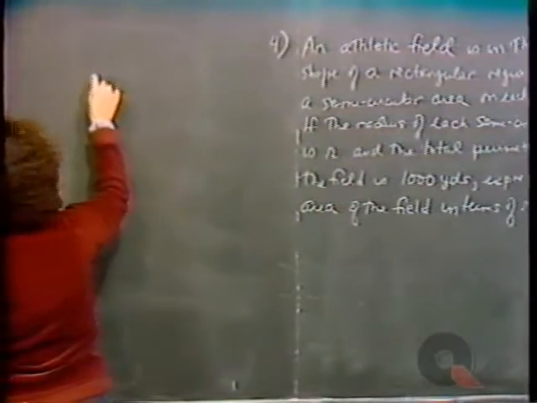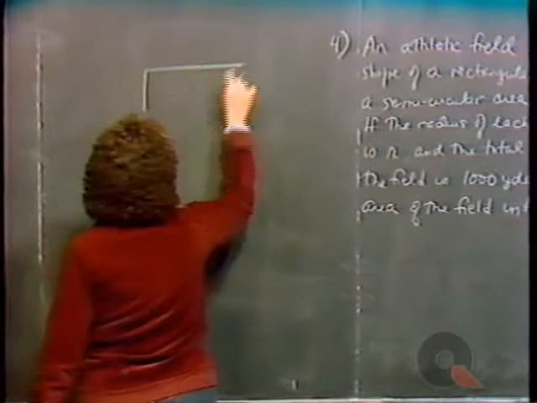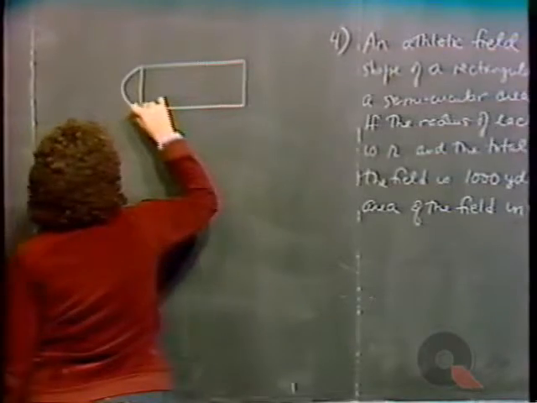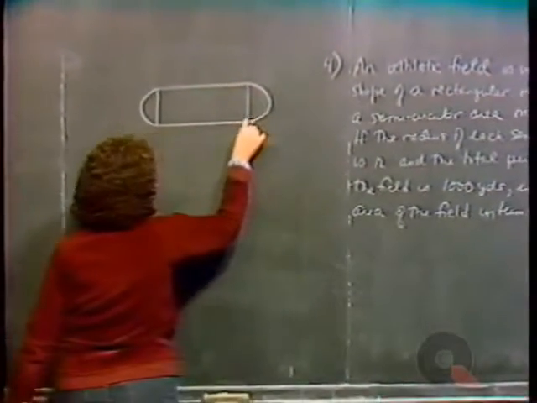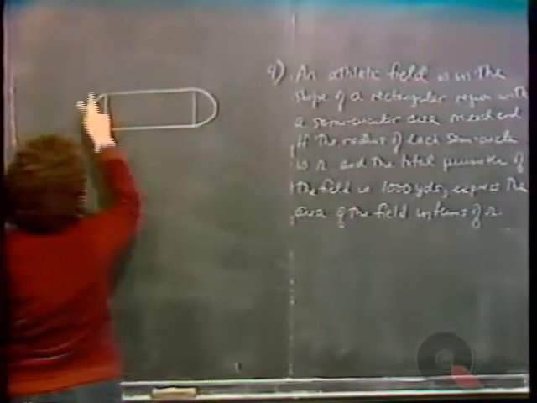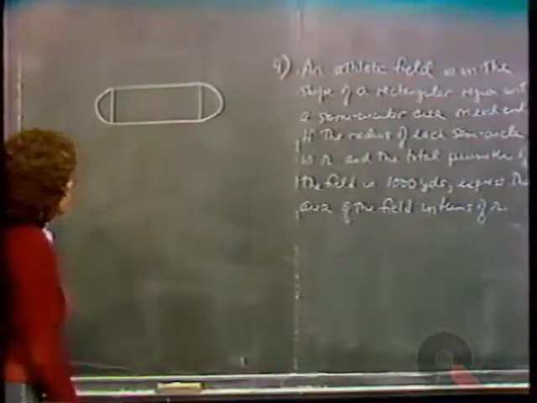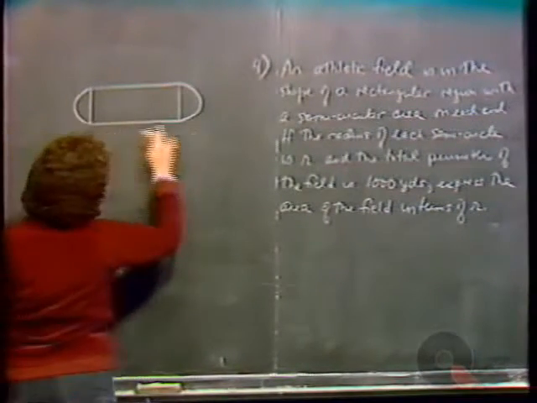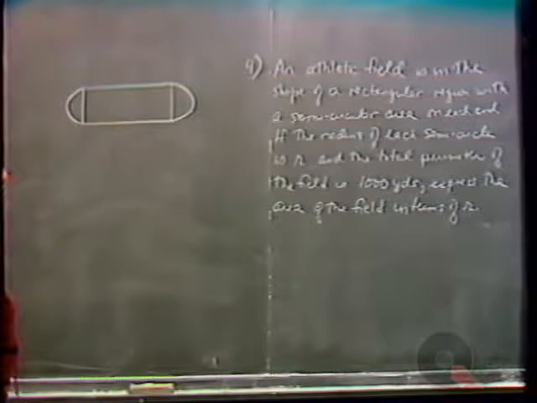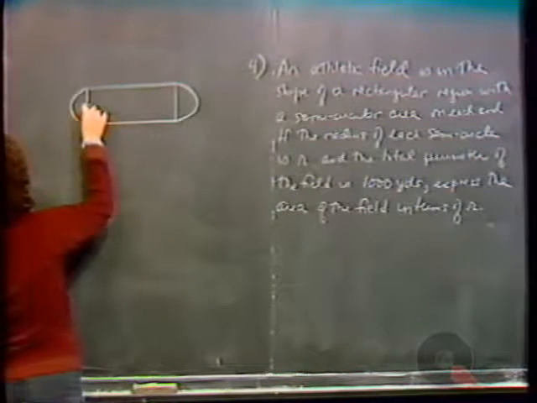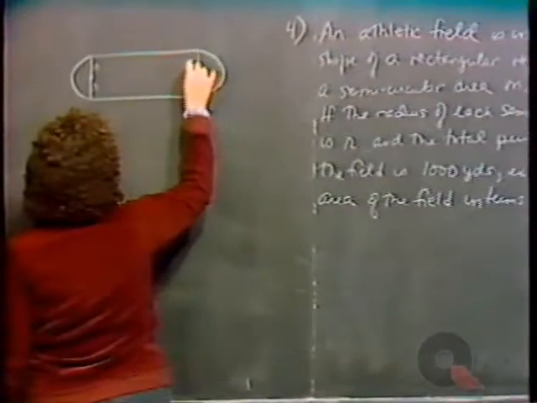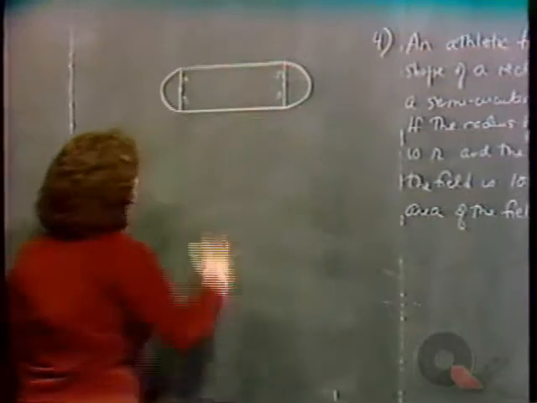Okay, we have a field, a rectangular region, and a semicircular area on each end. The perimeter of the field is 1,000 yards. That's the distance around. You can imagine a racetrack around the playing field. The radius of each semicircle is R. The semicircles are, of course, congruent.